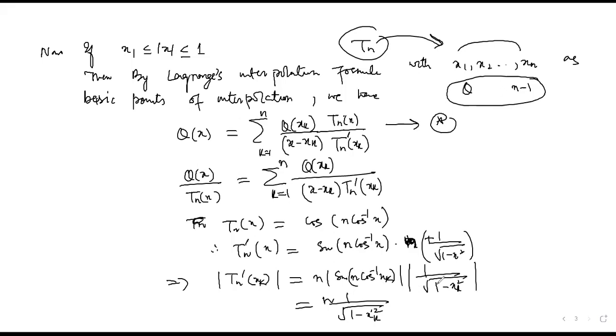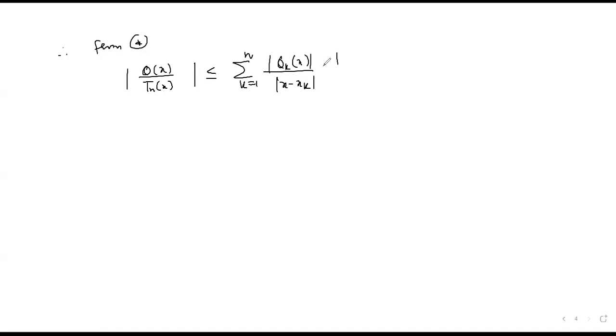Okay, so we substitute this in star. So therefore from star I would have summation Qx divided by Tnx is less than equal to summation k runs from 1 to n modulus, taking these out, mod of 1 by x minus xk, 1 by of course Tn dash at xk.